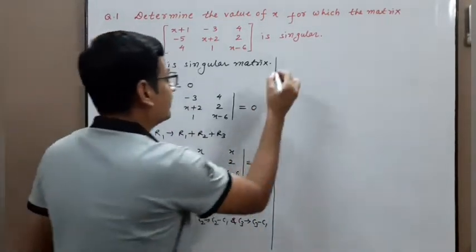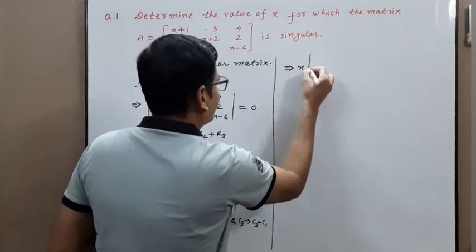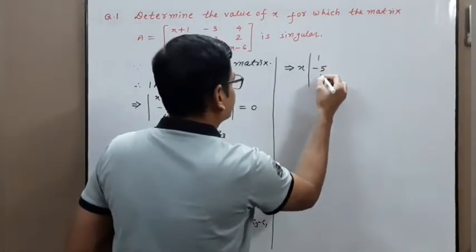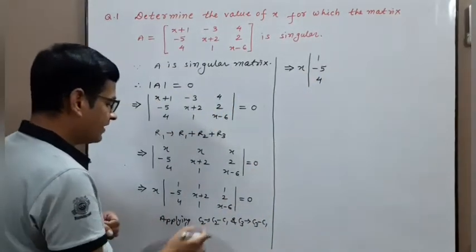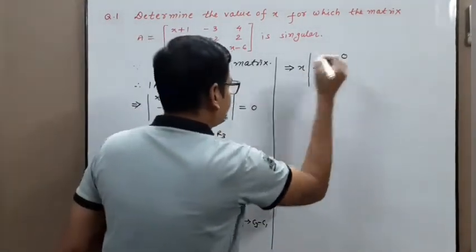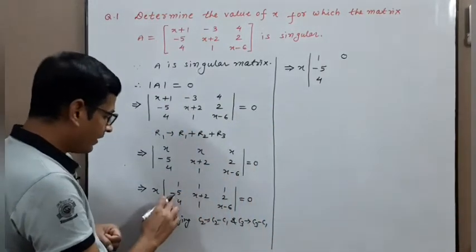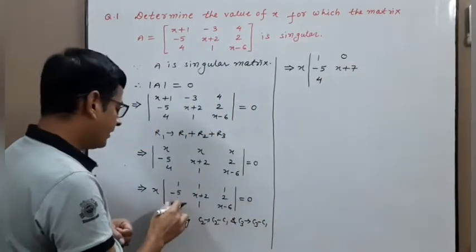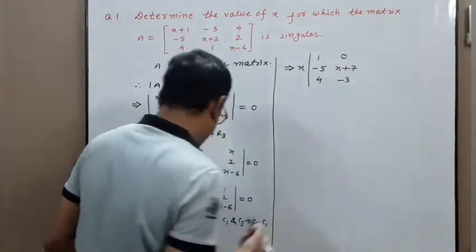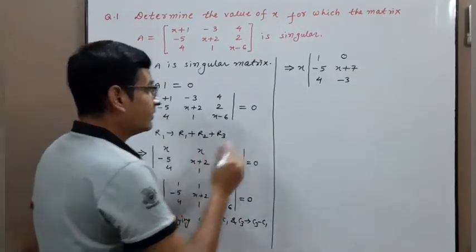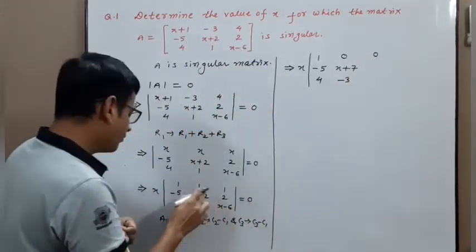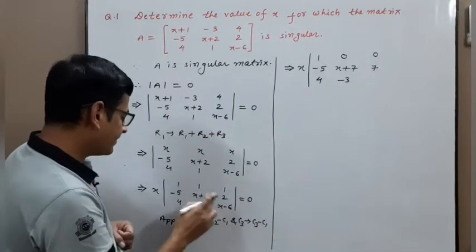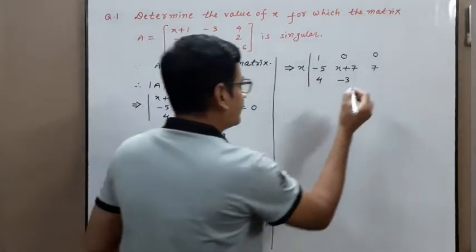So next step implies row 1: 1, 0, 0; row 2: minus 3, 1 minus 1 which is 0... so x plus 2 minus minus 5, so x plus 7, and 1 minus 4, minus 3; row 3: 4, 2 minus minus 5, 7, and x minus 6 minus 4, so x minus 10.